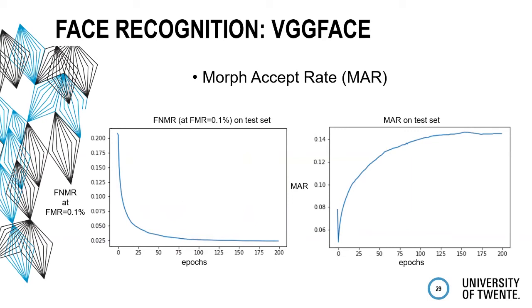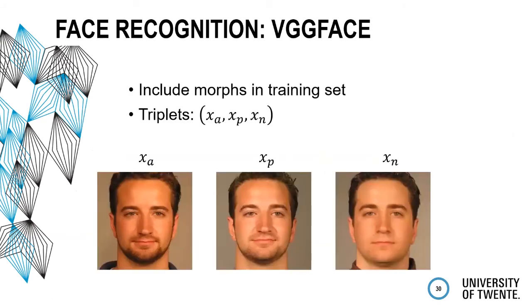So what I next thought was, is there a way that I can train a face recognition system that is good at separating genuine and imposter distributions, but at the same time does not accept more and more morphs as the face recognition system becomes better at separating normal photos? And my idea was to simply treat morphs as new identities and to include these in the training sets that consist of the triplets that I described before.